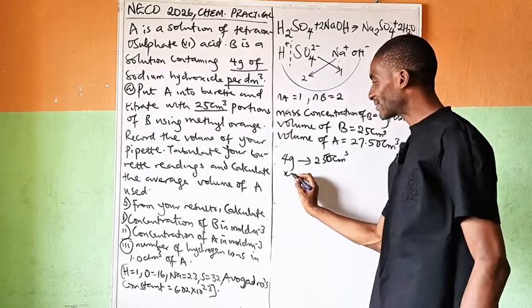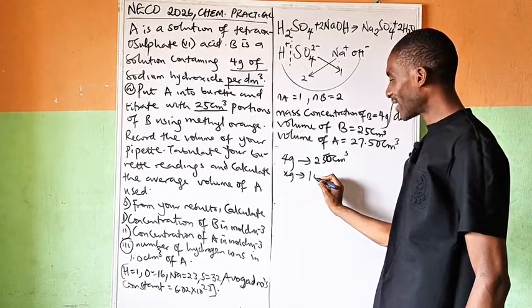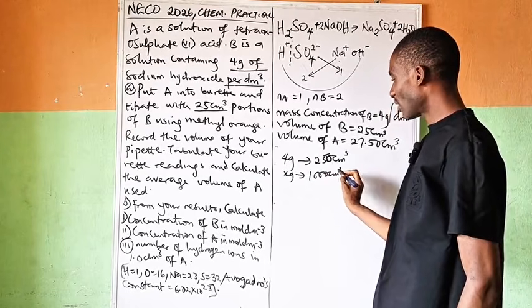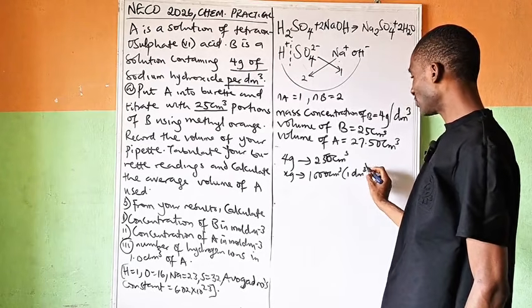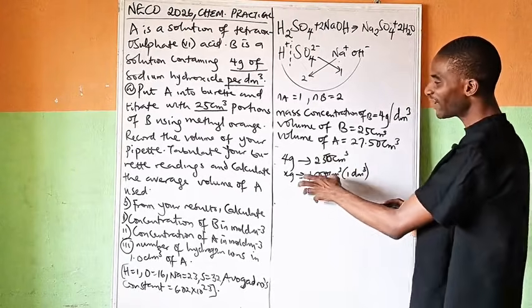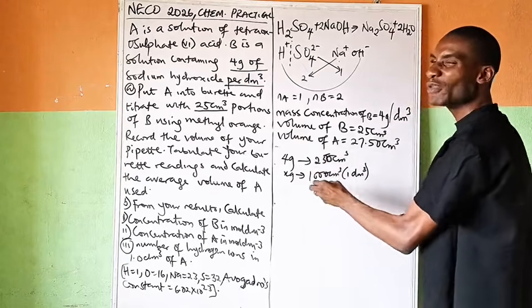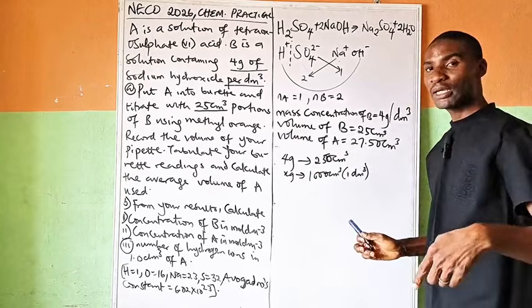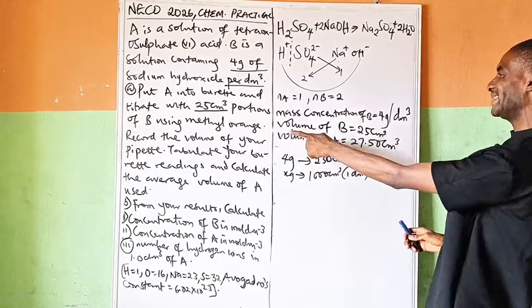You now say X gram in 1 dm³, which is 1000 centimeter cube. Then you cross multiply, and whatever your value of X is will be the mass concentration, the concentration in grams per dm³.